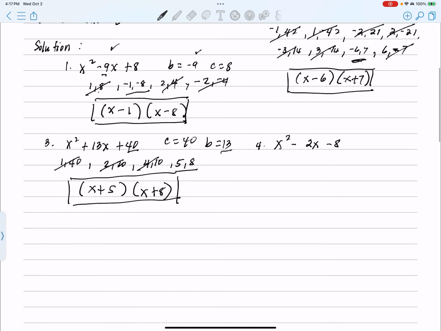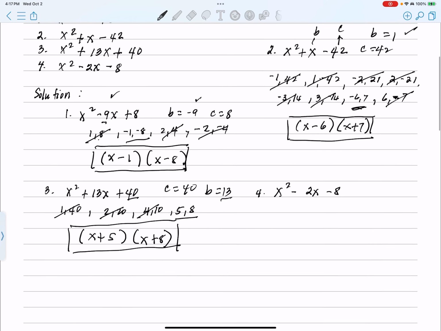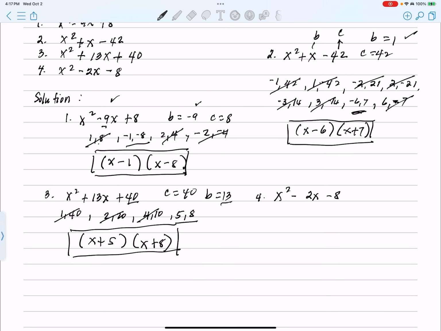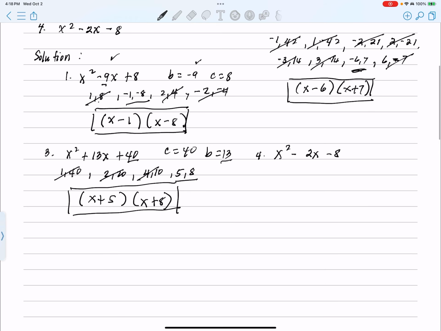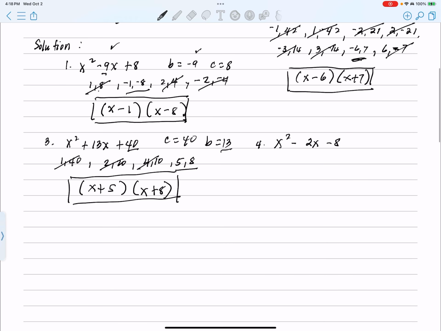In number 2, I'm giving you the last term as negative. And in number 3, I'm giving you all positive. This time in number 4, I'm giving you a negative middle term and a negative last term. So our c is negative 8 and b is negative 2.